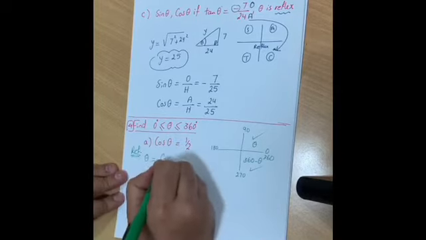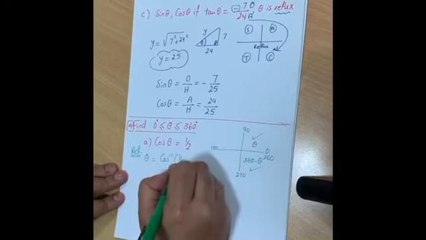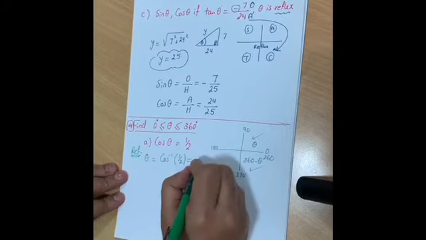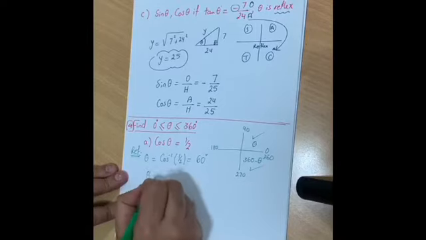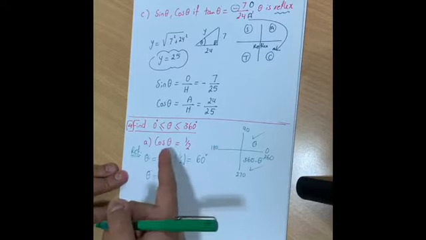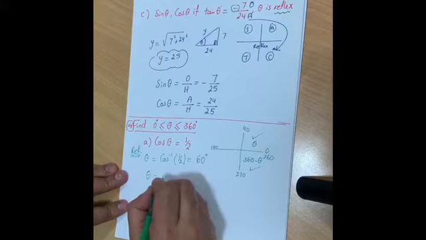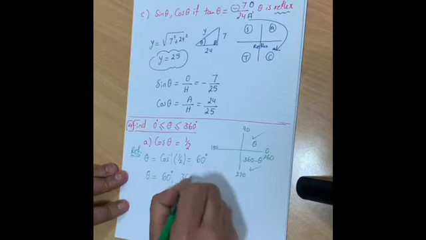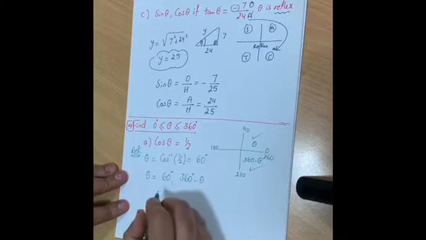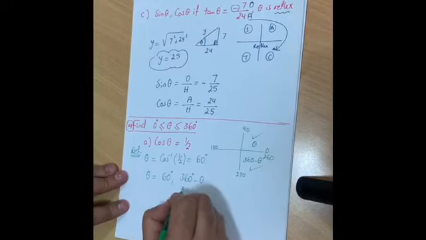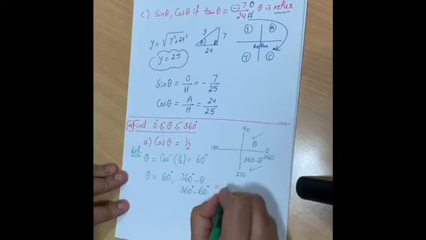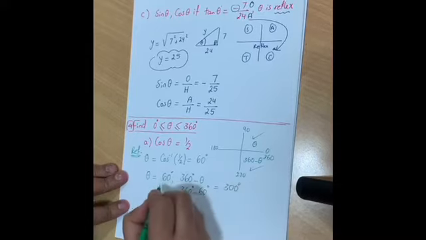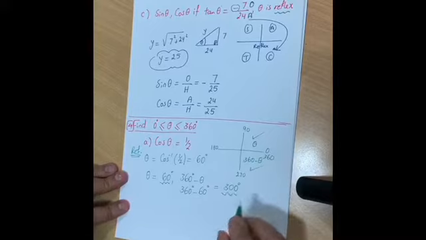So theta equals inverse cosine of 1 over 2 in the calculator, which is equal to 60 degrees. So this is the reference angle. Now we have 2 angles which give cosine theta equals half. So 60 in the first quadrant and 360 minus theta in the fourth quadrant. So 360 minus 60 is equal to 300. So we got 2 angles, 60 and 300.